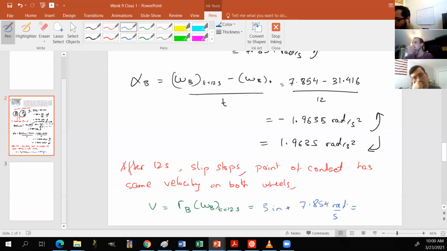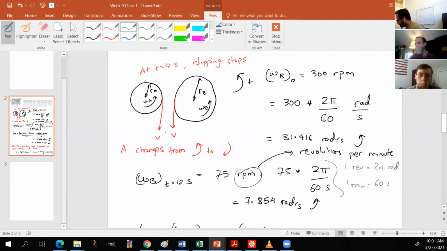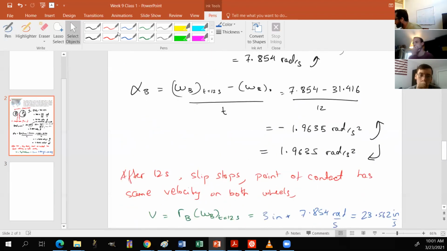And what does this end up being equal to? 23.56. That's right, 23.56. Let's keep it with 3 decimal places to be consistent throughout. Inches per second, right? And the direction of this, we know from the description of the problem, it's going to be downwards, like that.